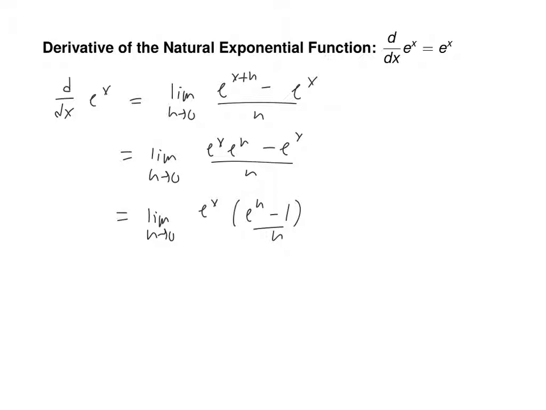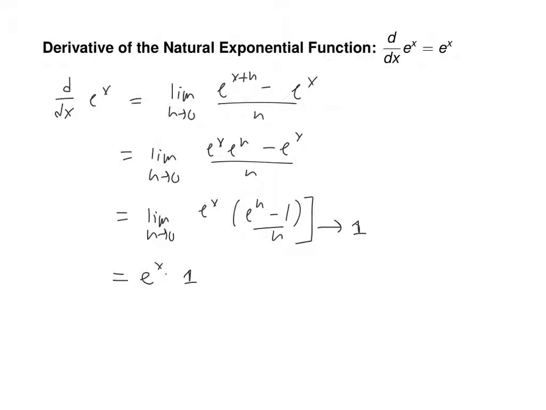And I don't have any good way to go from here that you guys will understand. So this is how you would show that it was true. But what turns out is that this e to the h minus 1 over h, as you plug in numbers that are closer and closer to 0, this piece actually goes to 1. And you could test that yourself by just picking numbers that are close to 0 and plugging them into that expression. So therefore, this goes to e to the x times 1.